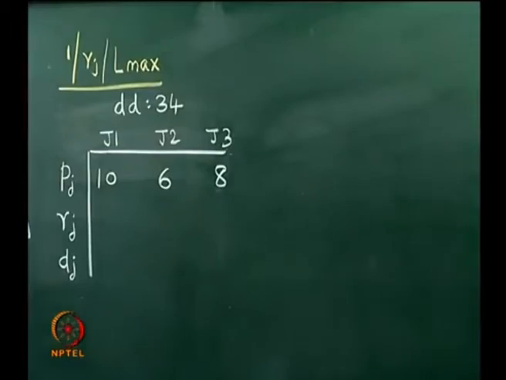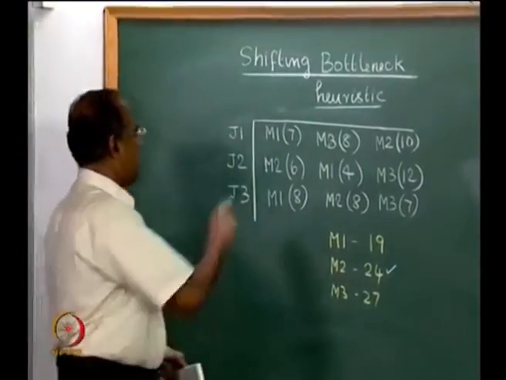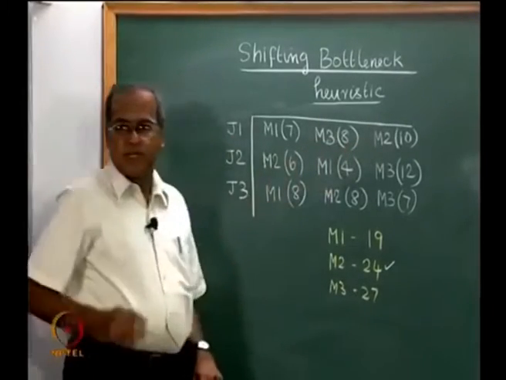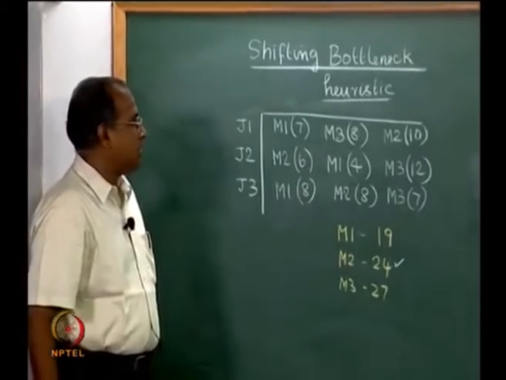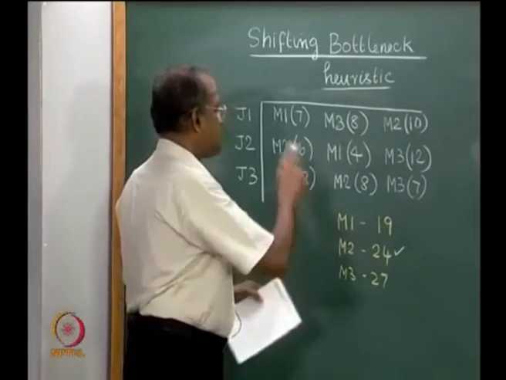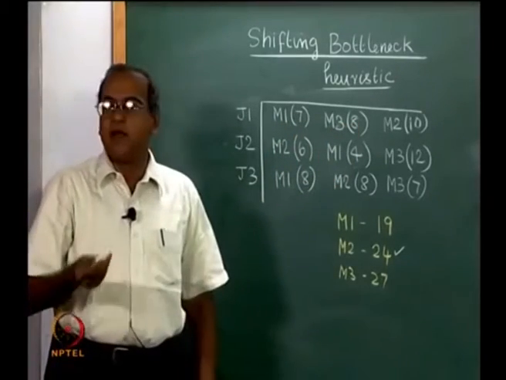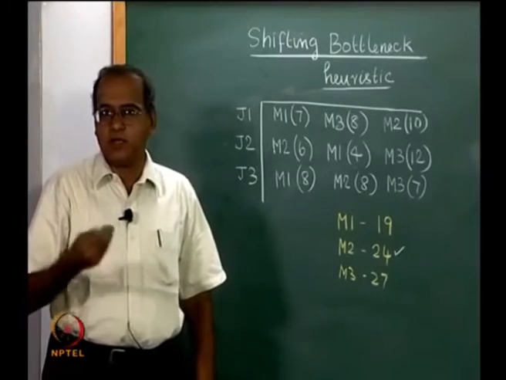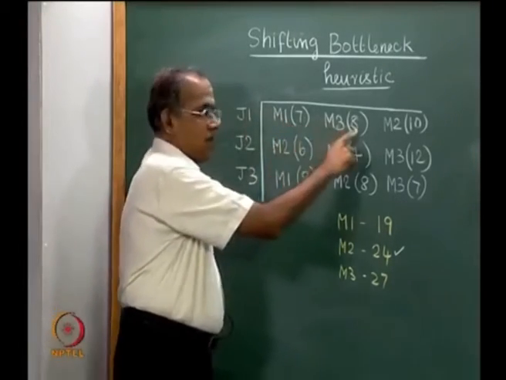Now, if we look at M2 and J1, J1 on M2 is the third operation. So, the earliest J1 is available on M2 is 7 plus 8, 15, because J1 has to finish processing on M1 and M3.